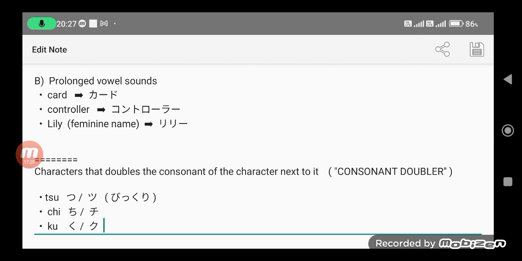Later on in advanced lessons, you will realize that the small tsu can double the consonant of the character on its right side, but also the chi and the ku can also double it. They also have the same effect of doubling the consonant of the character next to it. For convenience's sake, I call it the consonant doubler.